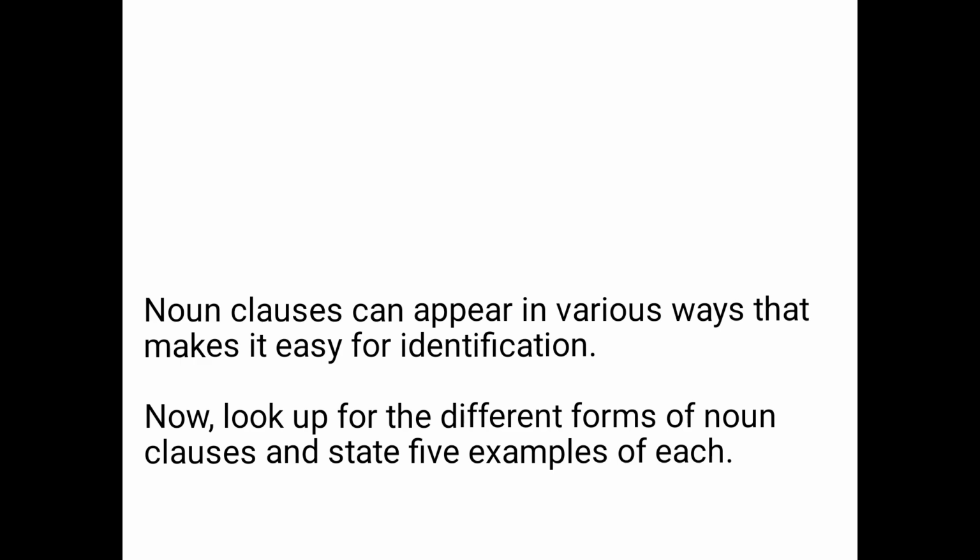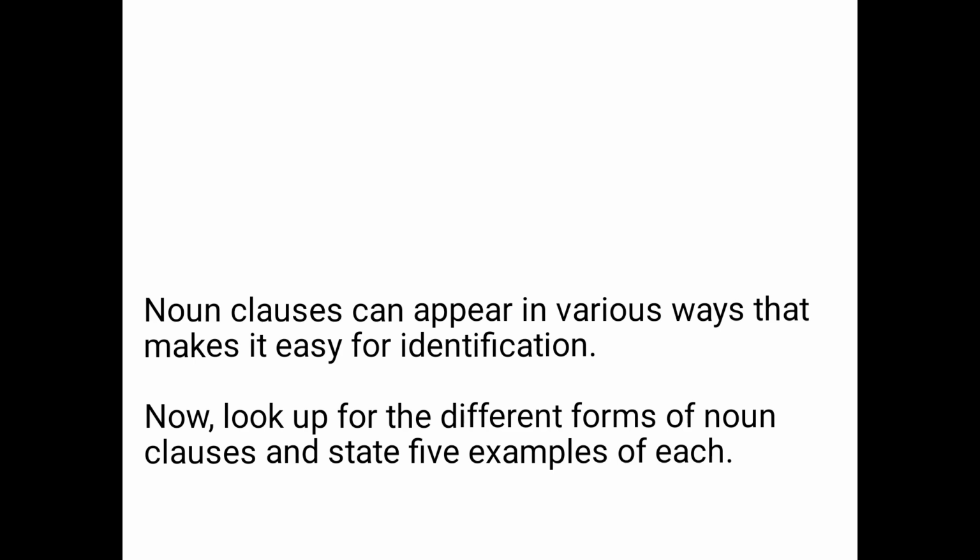Now let me just give you an example. A noun clause appears using the WH words. For instance, what she said surprised me. Now, what she said surprised me is not an interrogative sentence. That is a noun clause, because the noun clause takes the WH words to show itself, for you to be able to identify it in a sentence.